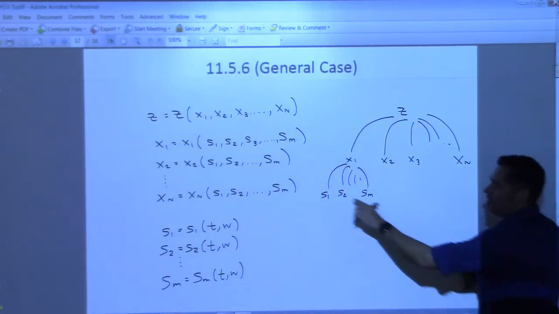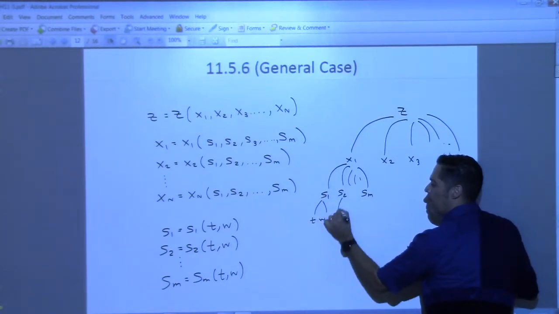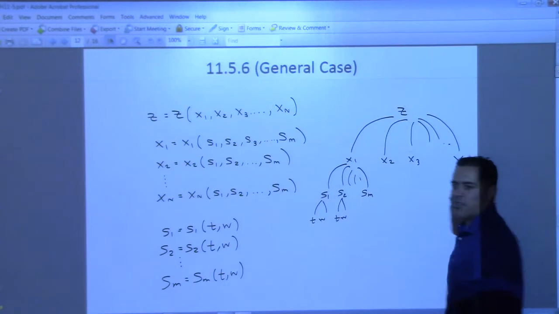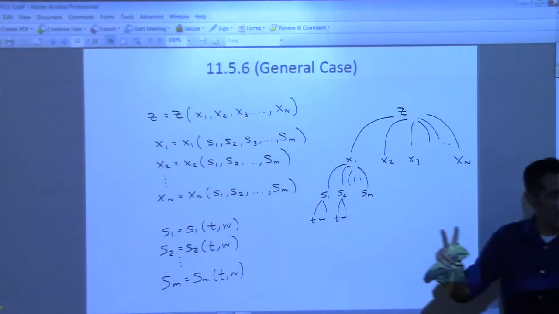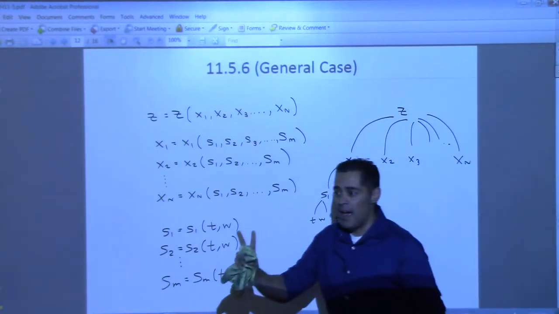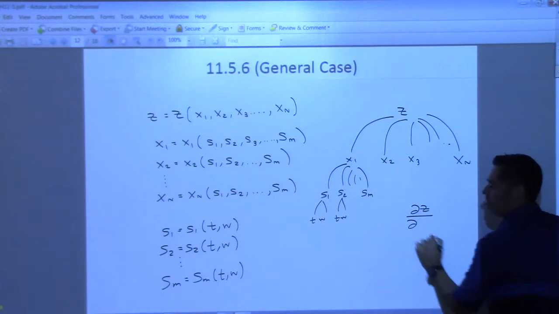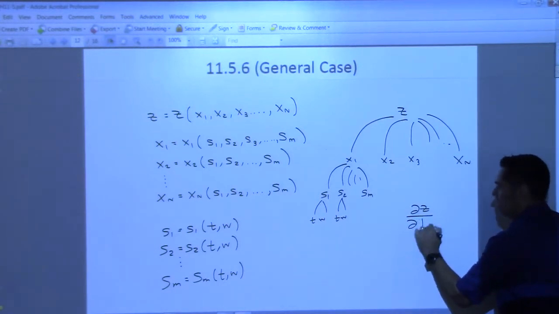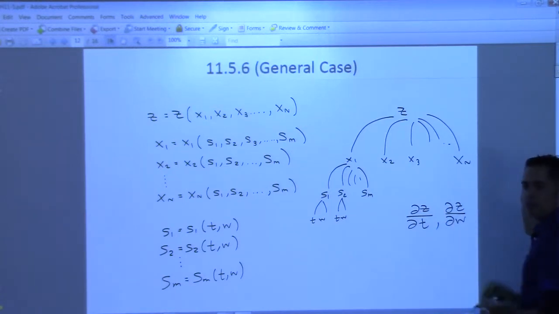Then that means off of these branches we have what? t, w. Off of that branch, t, w. And so how many derivatives are possible now? Just two, right? The only two that we have are partial z with respect to t, or we could have partial z with respect to w.